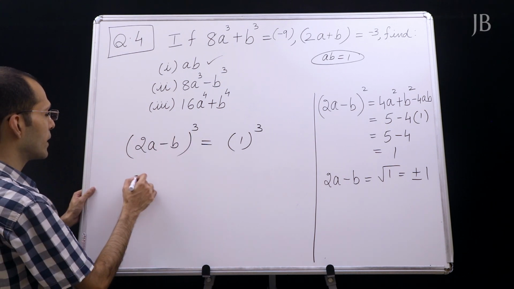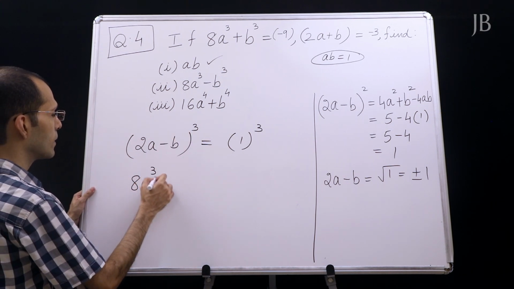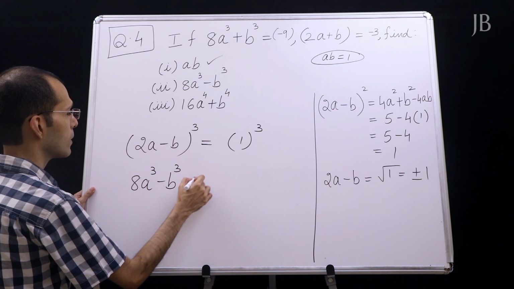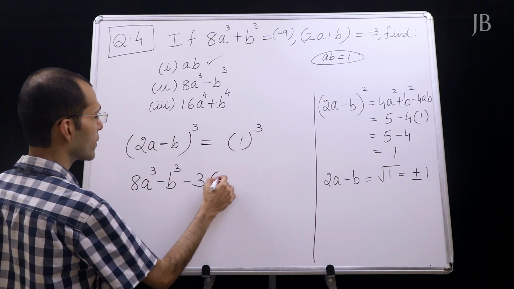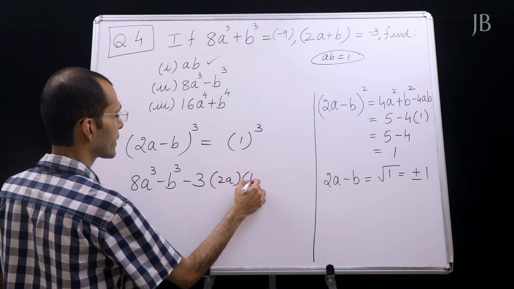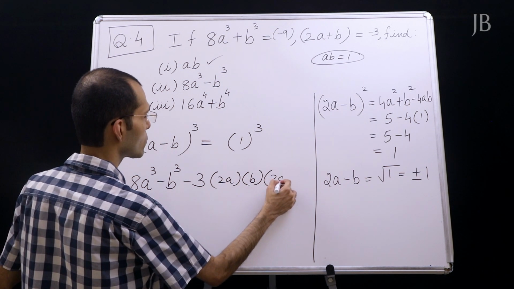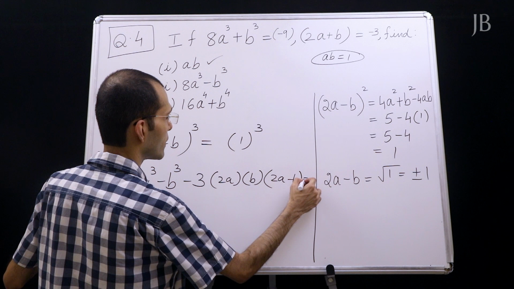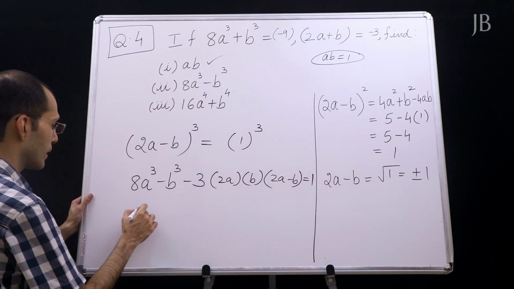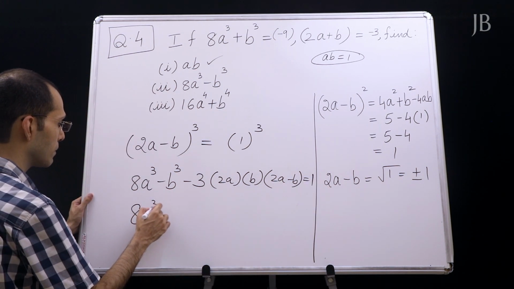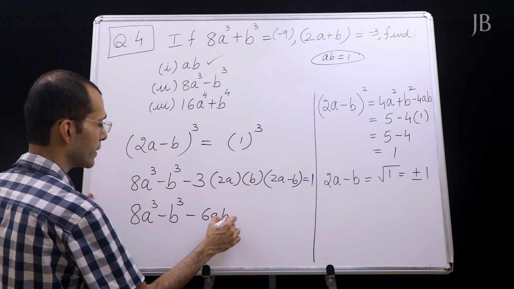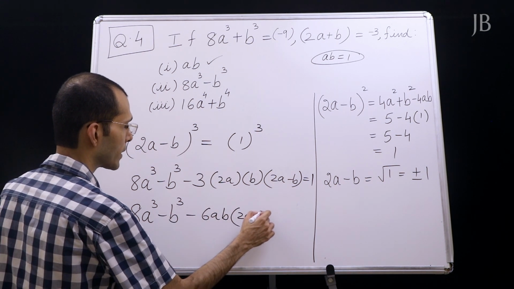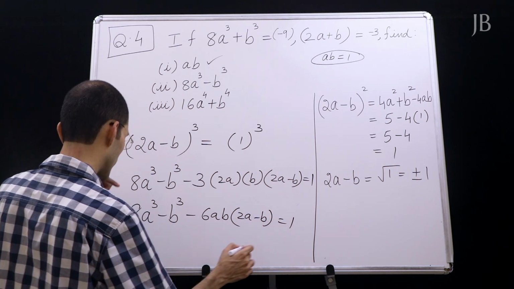You use your formula now. 8a cube minus b cube minus 3ab, so that is 3 into first term into second term into 2a minus b is equaling 1. Now 8a cube minus b cube minus 6ab into 2a minus b is 1.